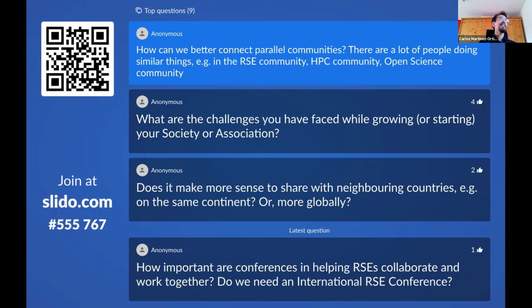And at the last DH conference two years ago, there was actually a session specifically about the role of RSEs within digital humanities, and I believe there were even a couple of papers produced about this intersection of digital humanities and research software engineering.